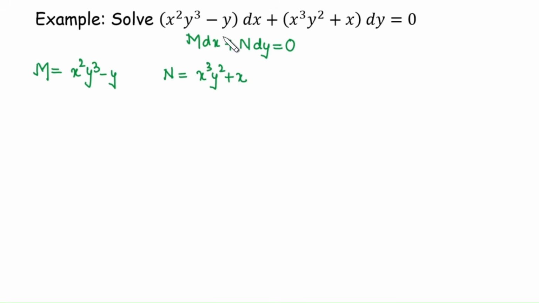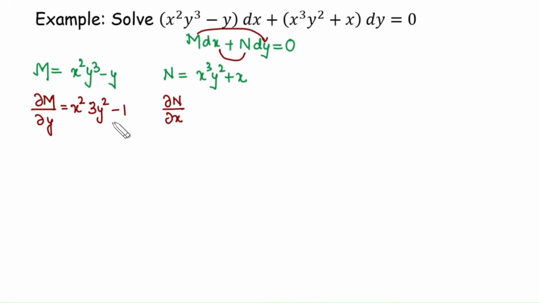After that, check whether this is an exact differential equation. For that, calculate the partial derivative of M with respect to y, and the derivative of N with respect to x, which is also a partial derivative. So here we will take x as a constant, so x² is as it is. The derivative of this is 3y² − 1.